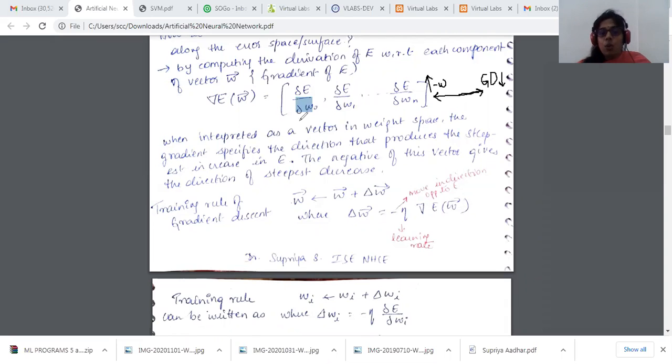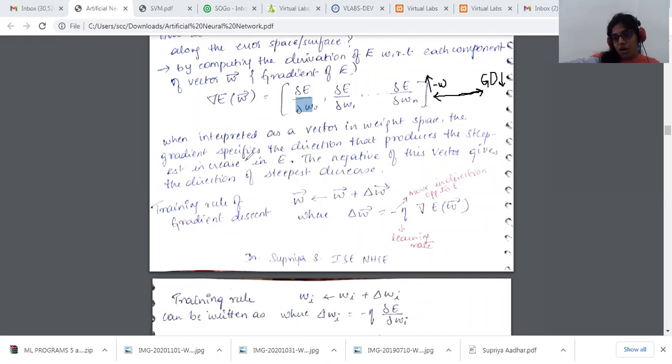Okay, so when interpreted as a vector in weight space, this is all an imagination part that you really have to consider. The gradient specifies the direction that produces the steepest increase in E. Increase in E in the sense loss function.